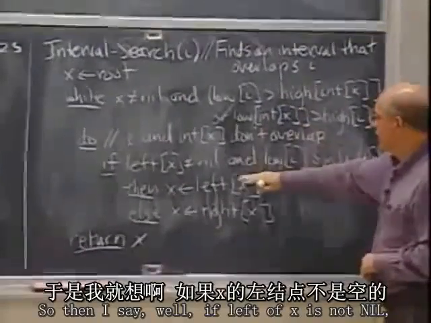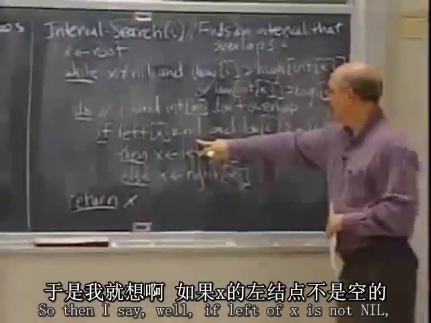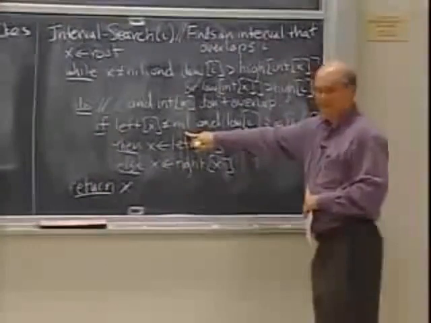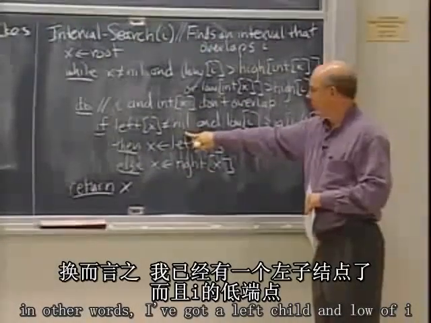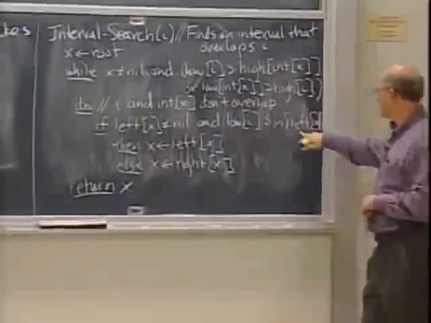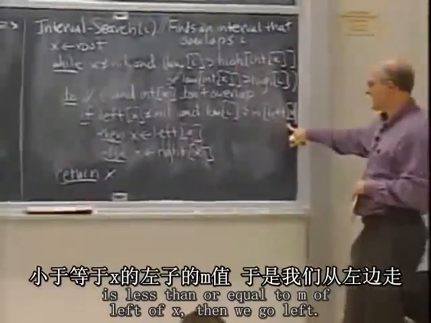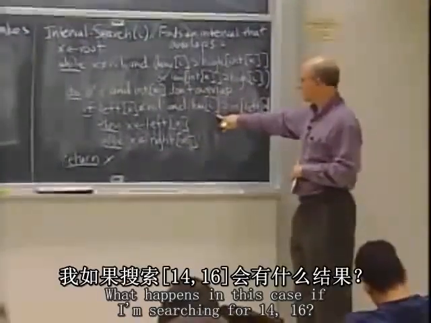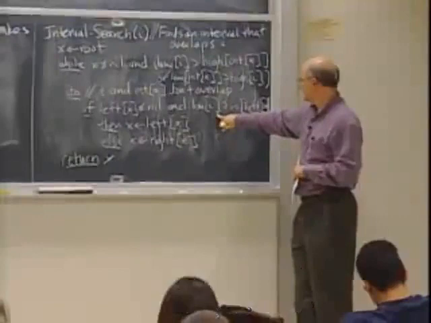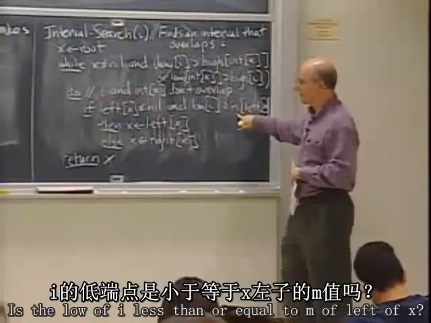So here it says they don't overlap. Then I say, if left of x is not nil, in other words I've got a left child, and low of I is less than or equal to m of left of x, then we go left. What happens if I'm searching for 14, 16? Is the low of I less than or equal to m of left of x?